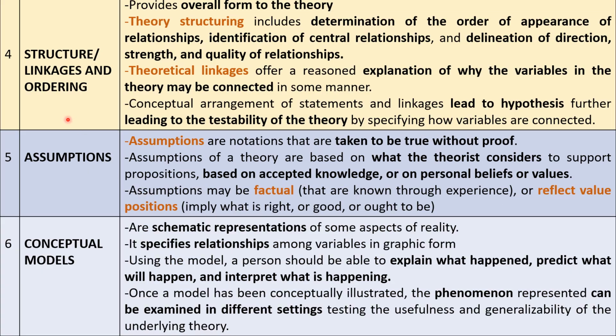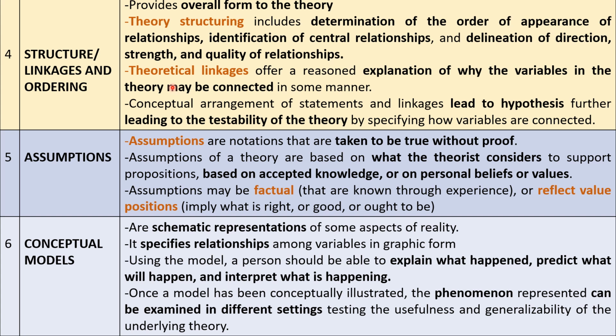The fourth component of a theory is structure or linkages and ordering. The structure provides overall form to the theory. Theory structuring includes determination of the order of appearance of the relationships, identification of central relationships, and delineation of direction, strength, and quality of relationship.